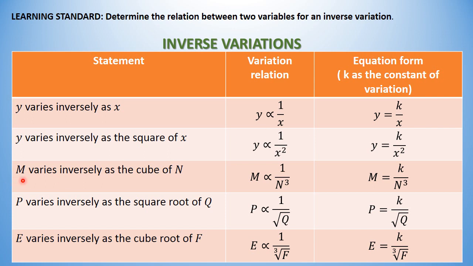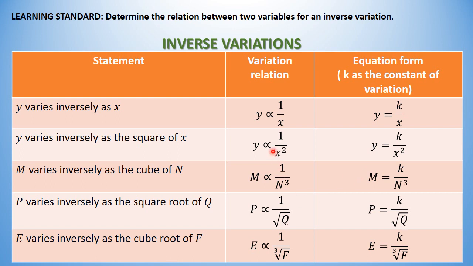After that, number 3, m varies inversely as the cube of n. For your relation, you write m varies as 1 over n cubed. After that, in equation form, m equals k over n cubed.